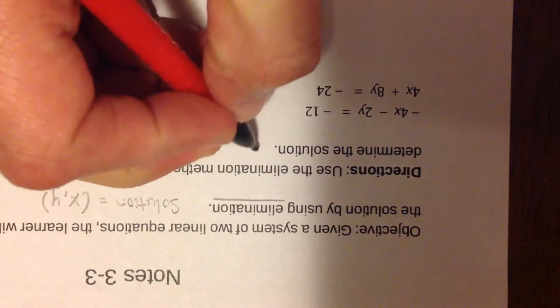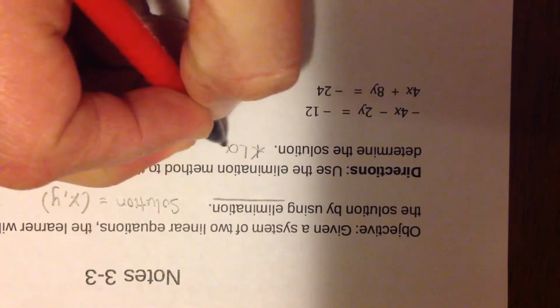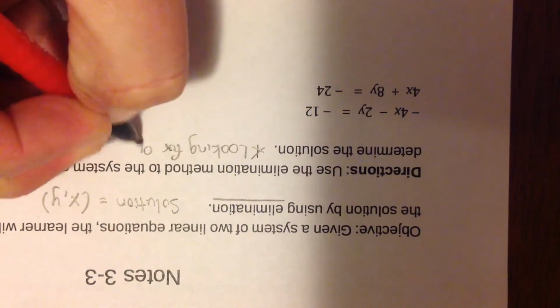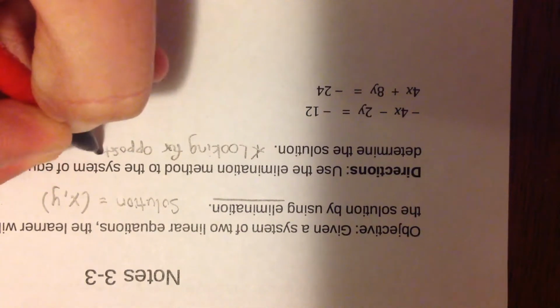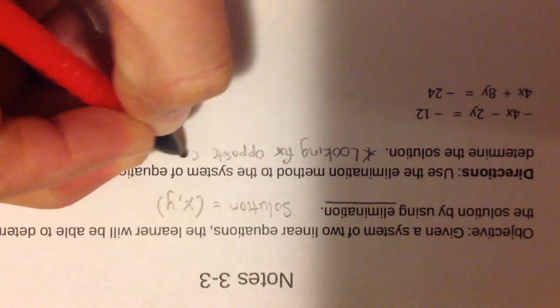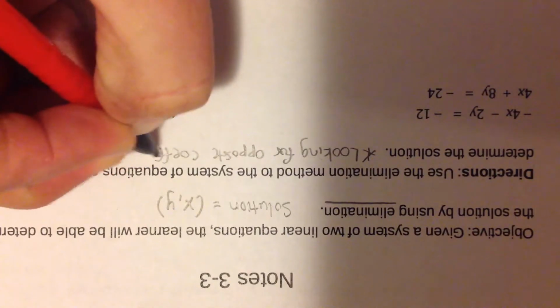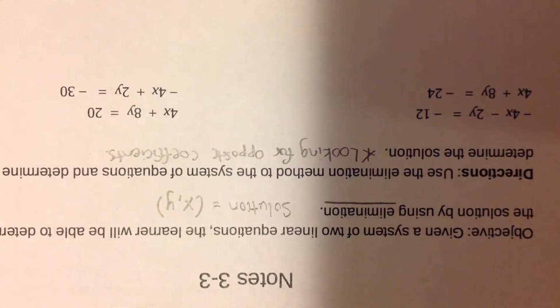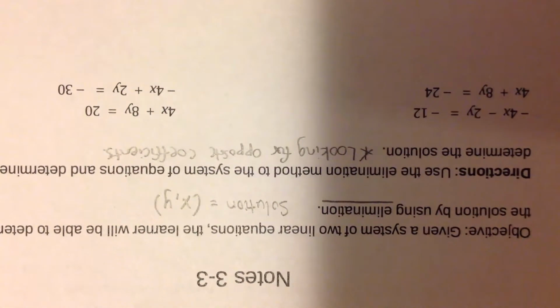So what we're looking for here is opposite coefficients. And again, the coefficients are the numbers that are out front of the x or the y.